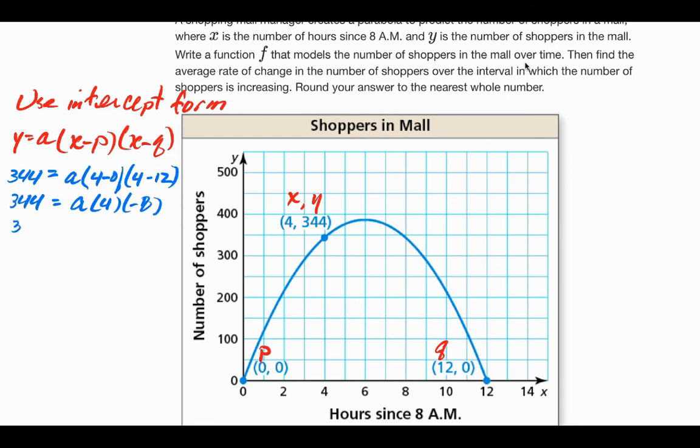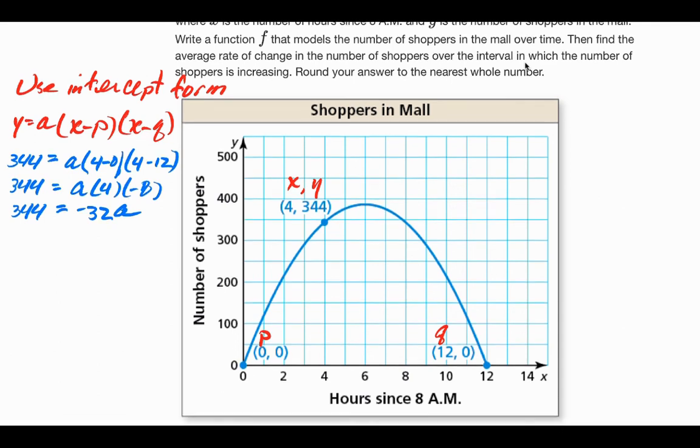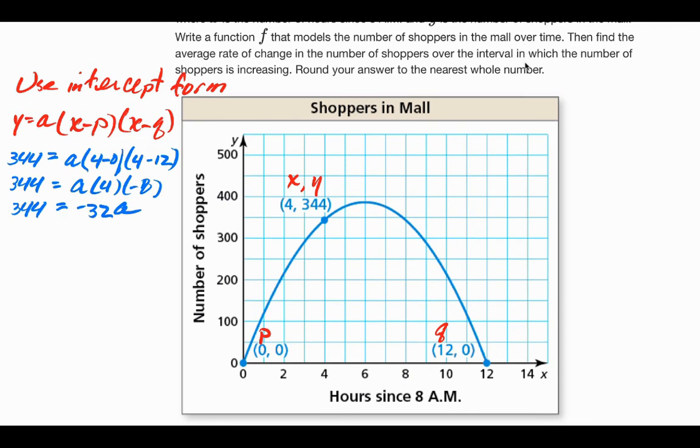So 344 is equal to negative 32a. Divide both sides by negative 32, and we'll get that our a is equal to negative 10.75.